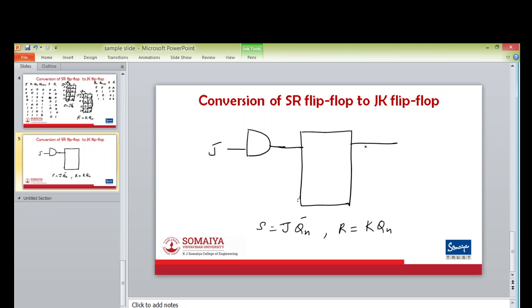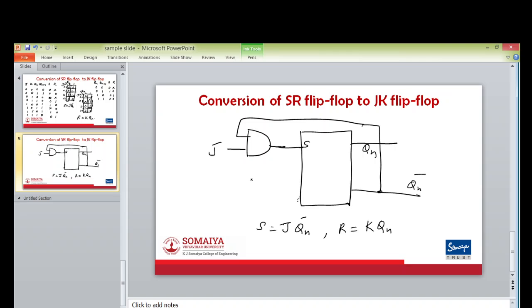This is Qn, so Qn is taken as the feedback. Sorry, Qn bar. J Qn bar. Qn bar is taken as the feedback and ANDed with J to get S.